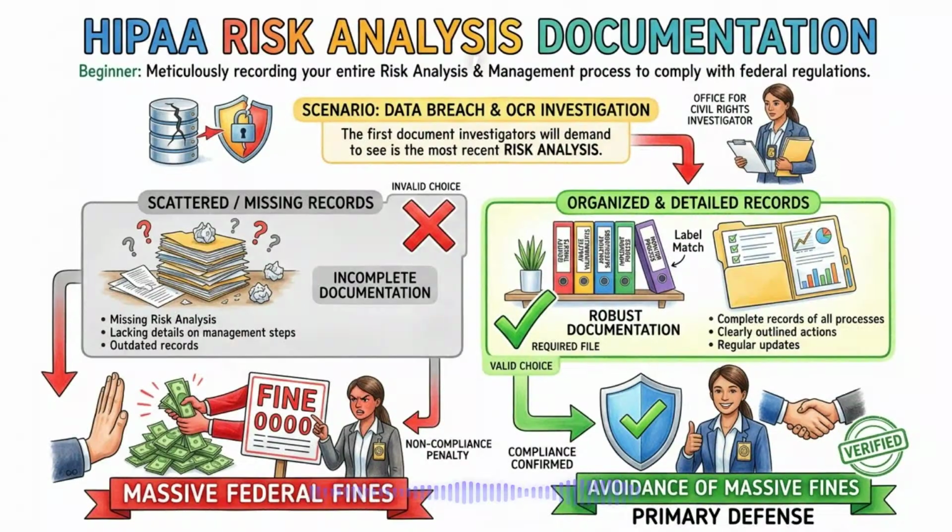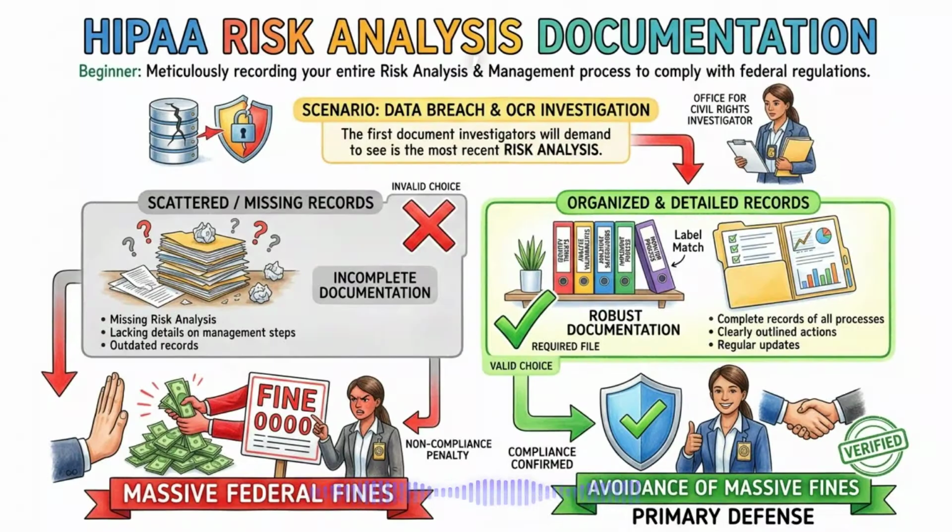Finally, absolutely none of this matters in the eyes of federal regulators if the process is not meticulously documented. The Office for Civil Rights, which enforces HIPAA, explicitly requires that the entire risk analysis and risk management process be properly recorded and retained.